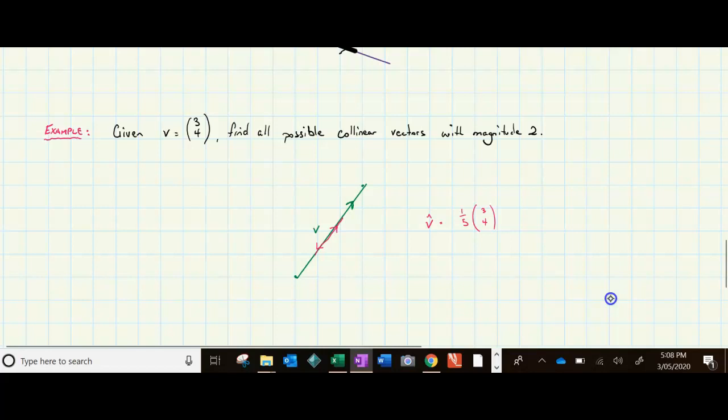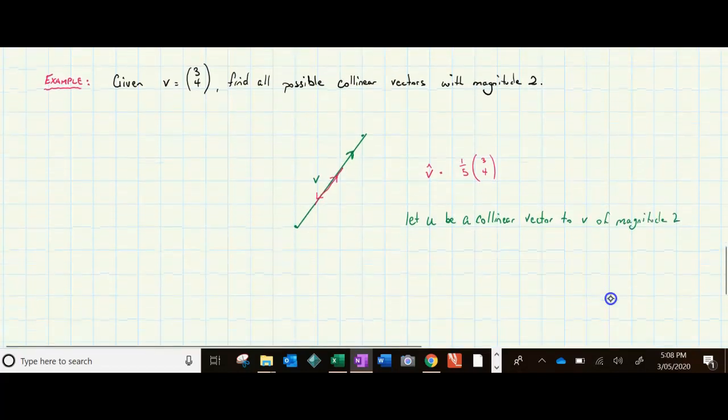So let's give this a name. Let u be a collinear vector to v of magnitude 2. So therefore, what can we say about u? u can be going in the same direction as v, and it'll be twice this unit vector, won't it?